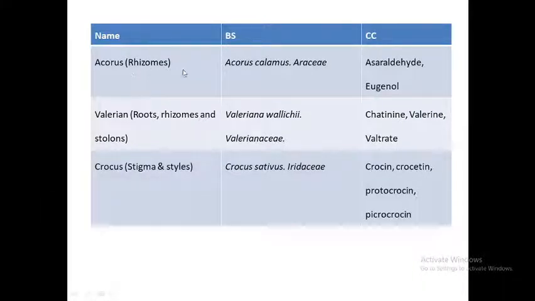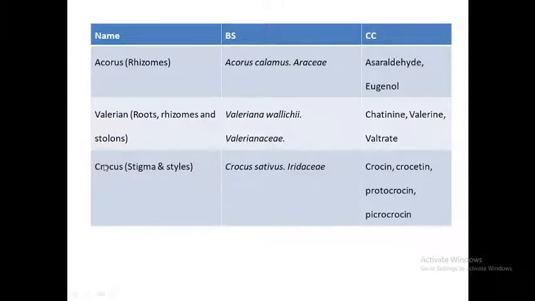These are the rhizomes of Acorus calamus belonging to family Araceae. The chemical constituents are asaraldehyde and eugenol. Next, the Valerian. These are the roots, rhizomes and stolons of Valeriana wallichii belonging to family Valerianaceae. The chemical constituents are chatinine, valerian and valtrate.